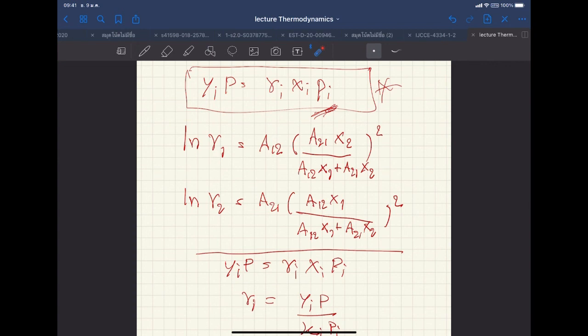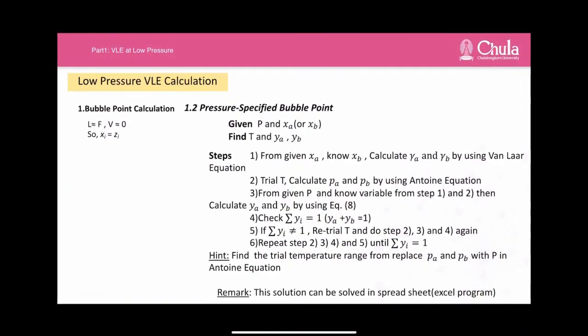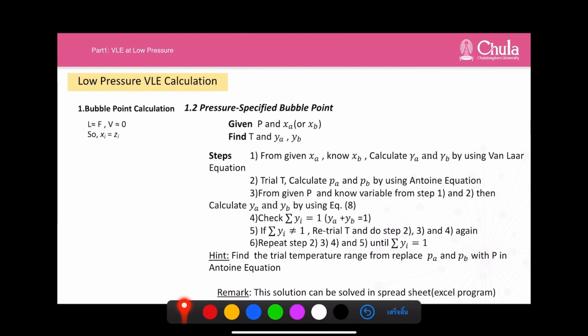So we have an implicit function of temperature here and yi. We have three unknowns, y1, y2, and temperature, and two equations similar to this one. The third equation is y1 plus y2 is 1. Then you can calculate the bubble point.